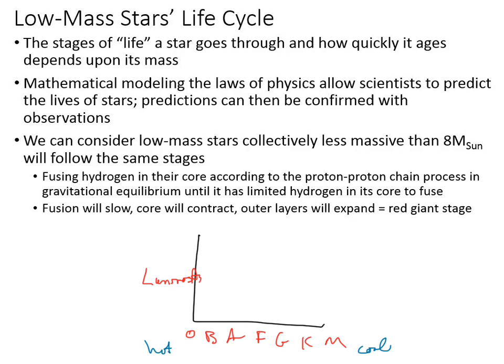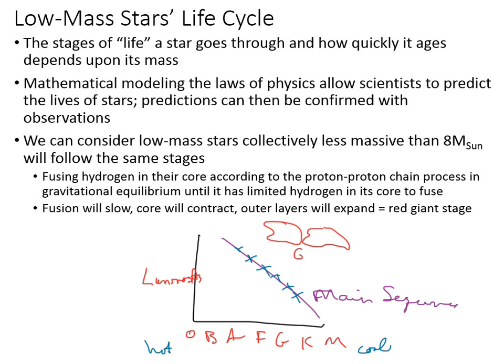Then we put in our line, and stars on this line have this particular luminosity and this particular temperature or stellar type. These are what we call our main sequence stars. Up here are the giants and supergiants. There's a subtle difference, but I'll just call both of them giants. Red giants, super red giants, that's where they are.